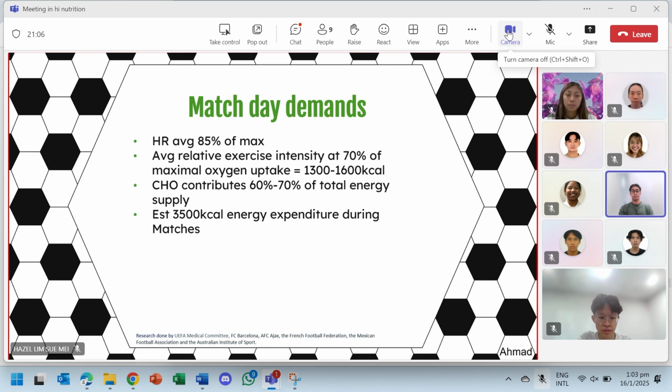And during matches or training, there's an average relative exercise intensity of 70% of maximal oxygen intake, which is equivalent to 1,300 to 1,600 calories. Carbohydrate usually contributes around 60 to 70% of your energy supply during the game. And a full 90-minute match is estimated at around 3,500 calories of energy expenditure.